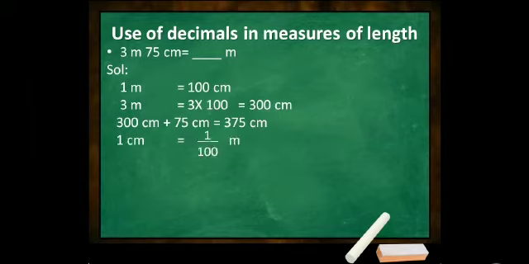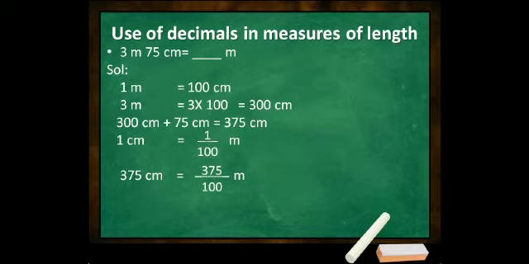Now 1 centimeter is equal to 1 upon 100 meters. Okay. Now when you multiply 375 centimeters with 1 upon 100, you will get 375 upon 100. Now you have to divide this.